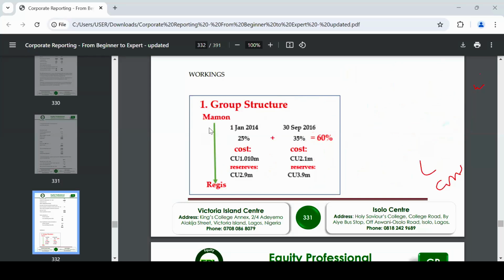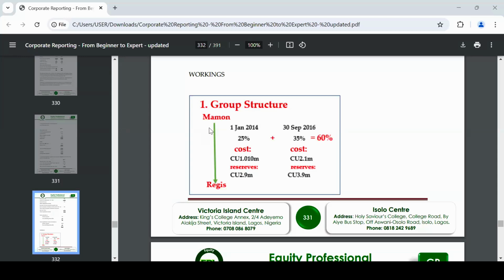And how we are going to calculate goodwill is by, I said, you're going to add the transfer consideration for the newly acquired equity plus the fair value of the previously held equities. Then you now have NCI, all right? But don't forget, you have been told that NCI is to be valued at fair value, okay?